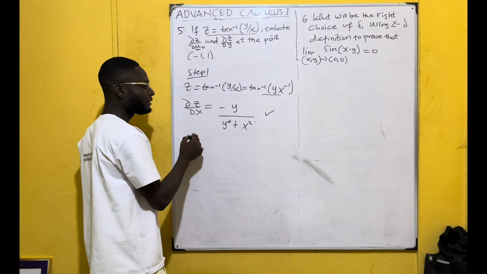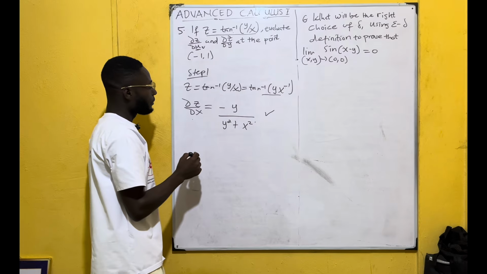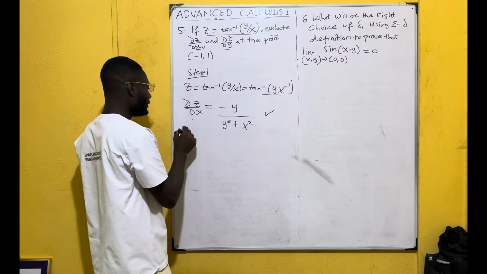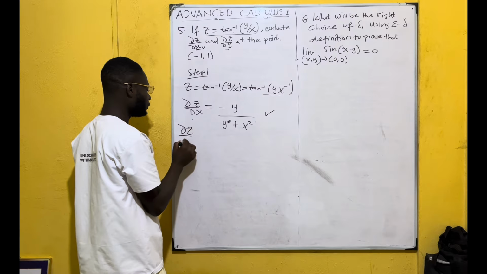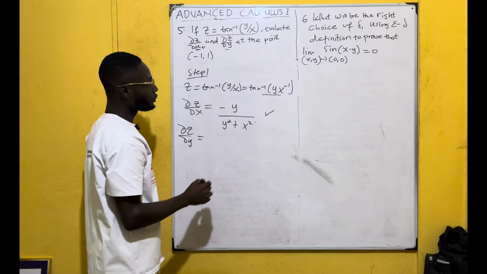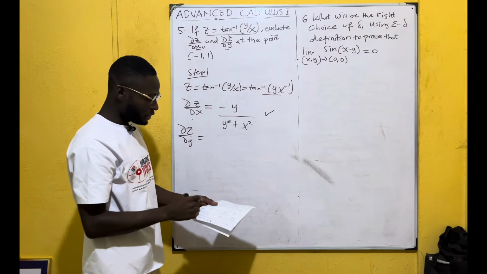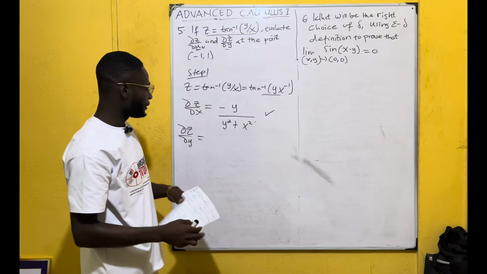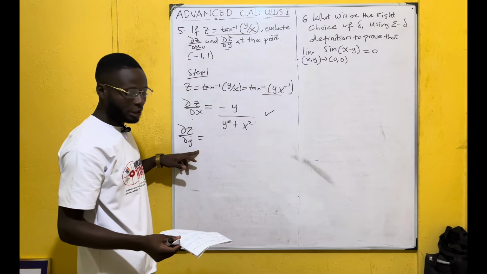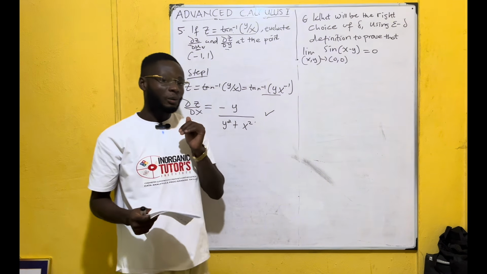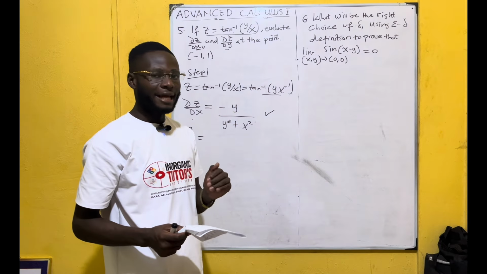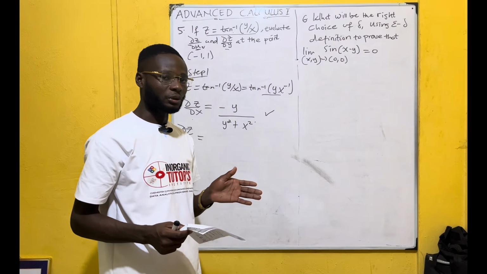Now, the derivative with respect to y will be equal to the same approach, but then with respect to y at this point. So with respect to y, we are going to keep x, then we differentiate with respect to what?